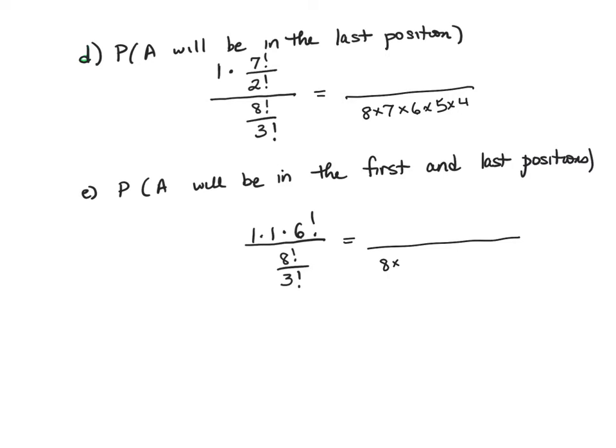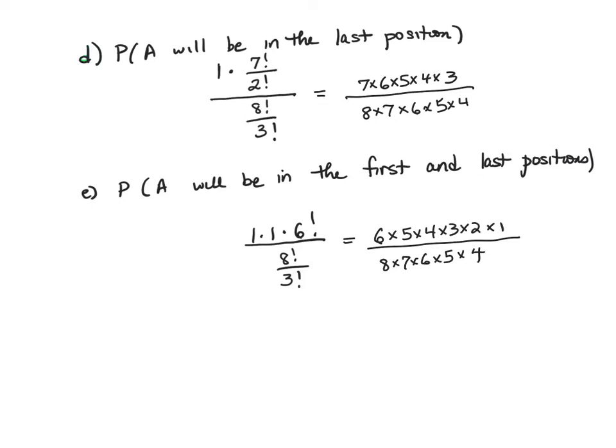The denominators came out to be 8 times 7 times 6 times 5 times 4. And 7 factorial divided by 2 factorial, we said was 7 times 6 times 5 times 4 times 3. The 2 factorials divide through. And 6 factorial is just 6 times 5 times 4 times 3 times 2 times 1.